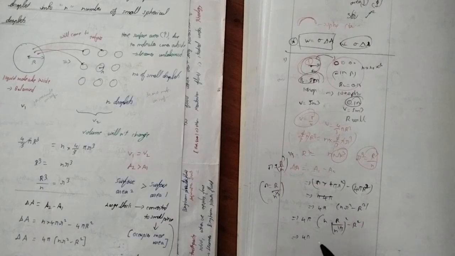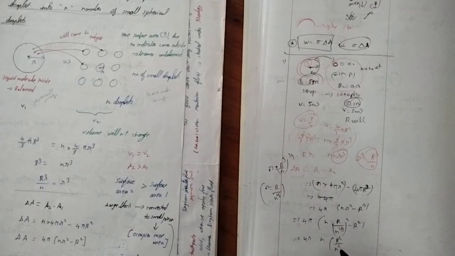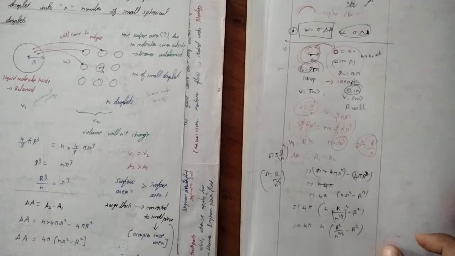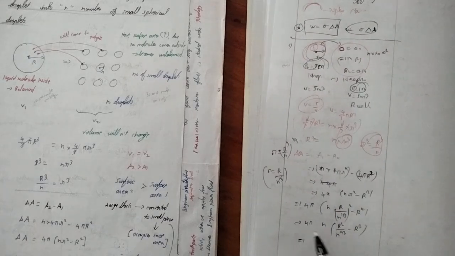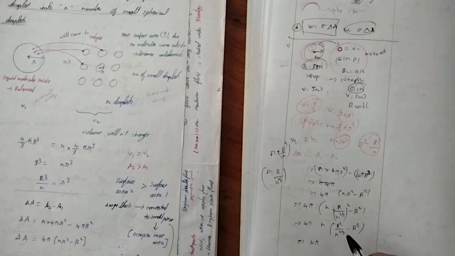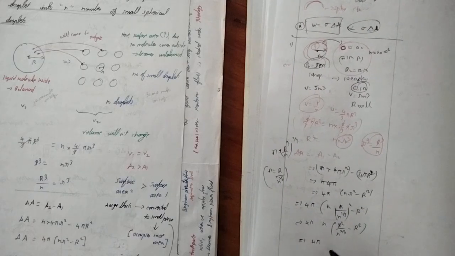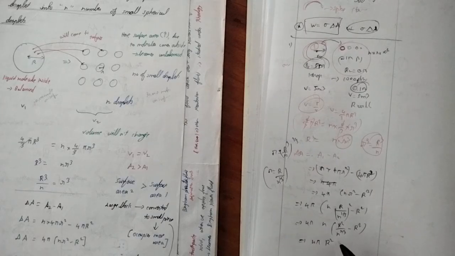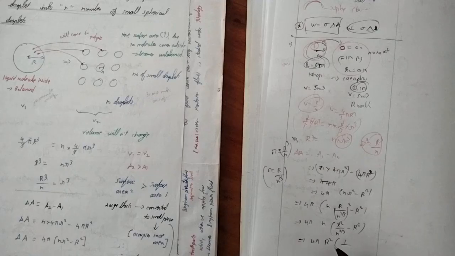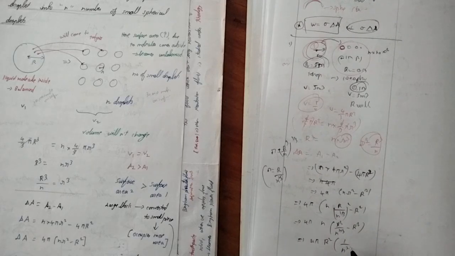So 4 pi n R square divided by n to the 2 by 3, minus R square. Now if we take R square, capital R square, 4 pi outside, what will come? R square, n divided by n to the 2 by 3, minus 1.